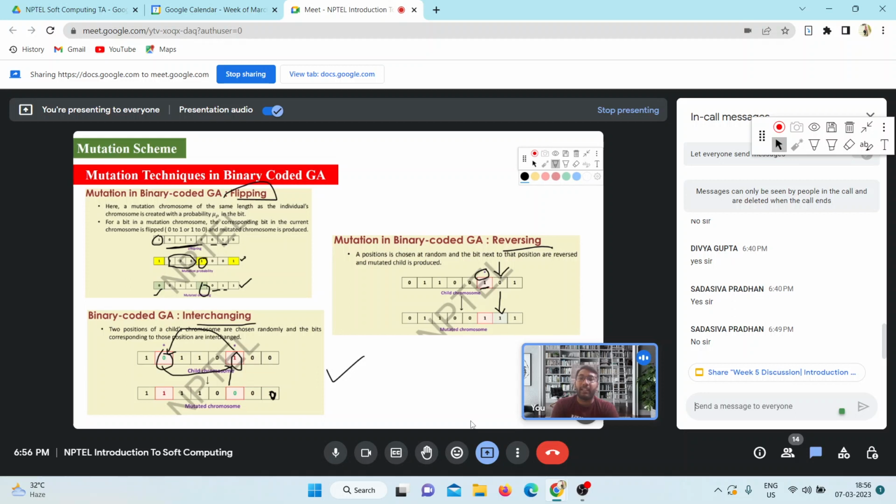Mutation scheme in binary coded GA? Any doubt? I hope this is simple actually, but any doubt at any position you might ask. Okay.